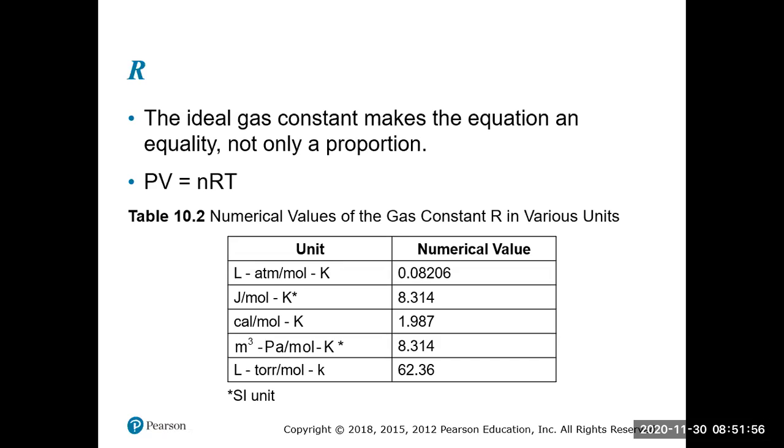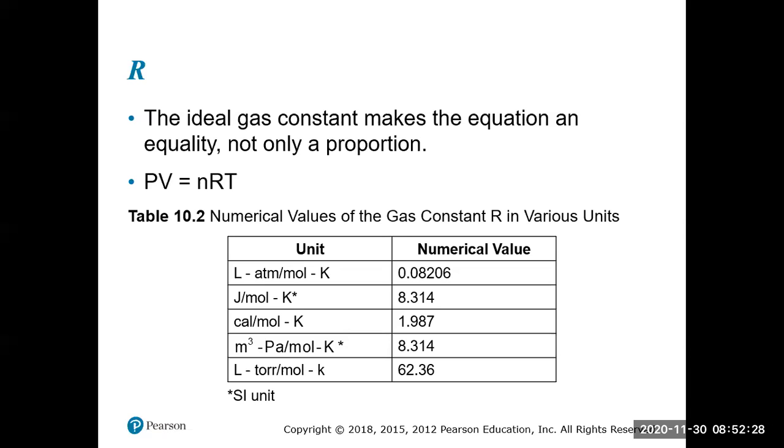The nice thing about constants, as we've talked about with other formulas, is that they help remind us of what the units of the other variables in the equation should be. If we look at that first expression of the ideal gas constant, liters atmosphere per moles Kelvin, remember that the dash there does not signify subtraction. It just means they're both there.